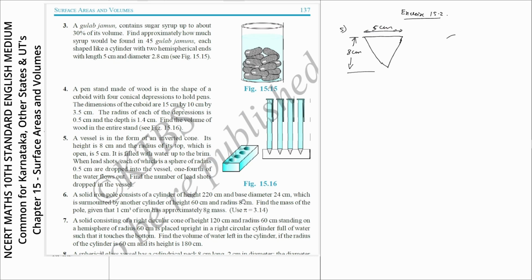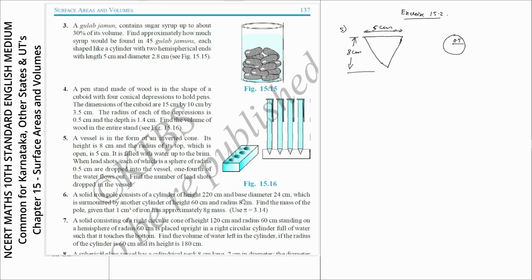So now what is the sphere that is dropped? This sphere has radius 0.5 centimeter. So such spheres are dropped one by one, and 1/4 of water comes out of the vessel.